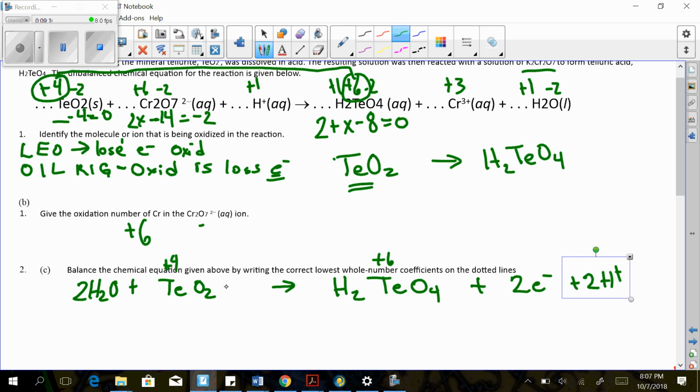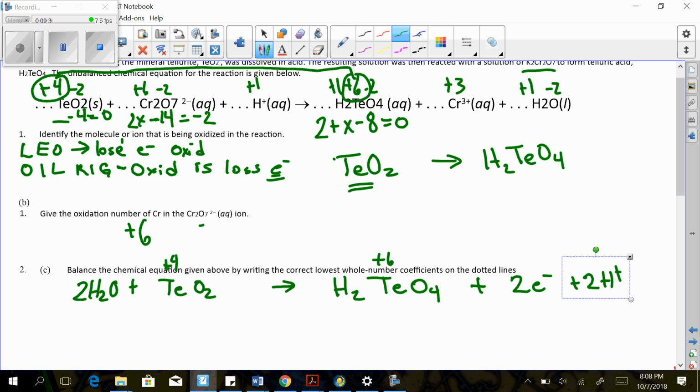If I look, this side is neutral. This is -2 charge for the 2 electrons, a +2 charge for the 2 H pluses. So this side also balances not only in charges, but also atoms. So all the atoms are balanced, all the charges are balanced. So that's 1 half reaction.